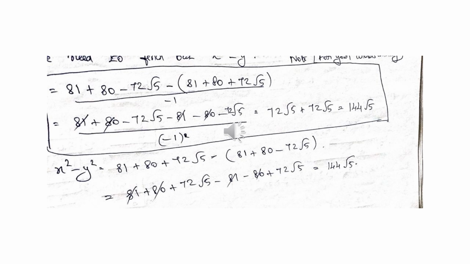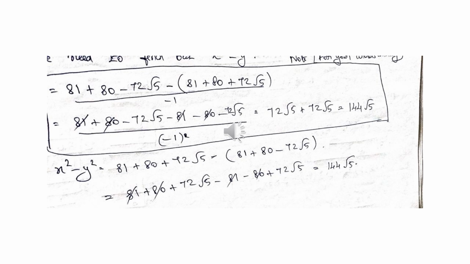Fifth sum, 22 by 2 root 3 plus 1, plus 17 by 2 root 3 minus 1. Okay, here before adding these two terms, first we need to rationalize each term, then we should do the addition. So for that, 22 by 2 root 3 plus 1, the opposite sign we need to take, no?